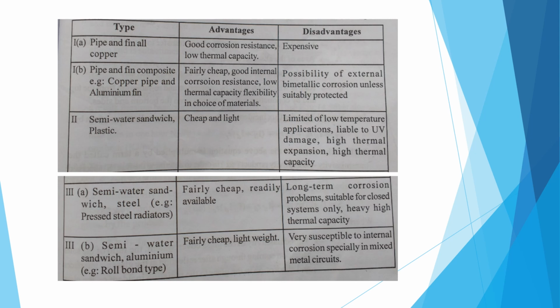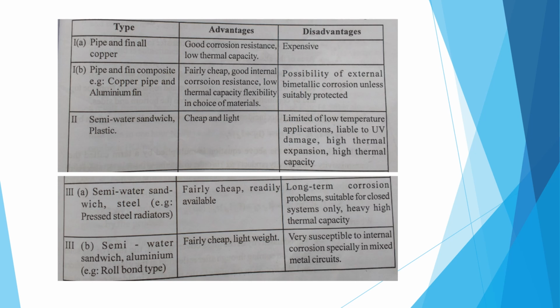So here are type 1, type 2 and type 3, their advantages and their disadvantages. Type 1 example is a copper pipe and aluminium fin. And type 3 example is pressed steel radiators and roll bond type.